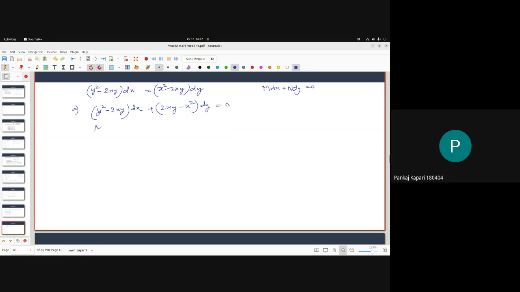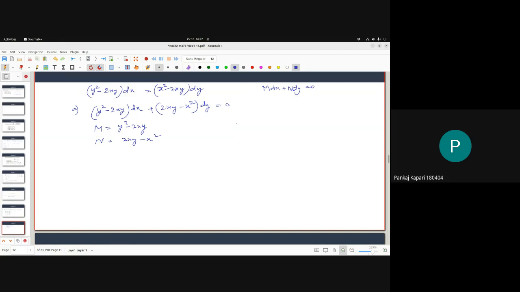So M is equal to y square minus 2xy and N is equal to 2xy minus x square. Okay, so first we have to check if this differential equation is exact or not.